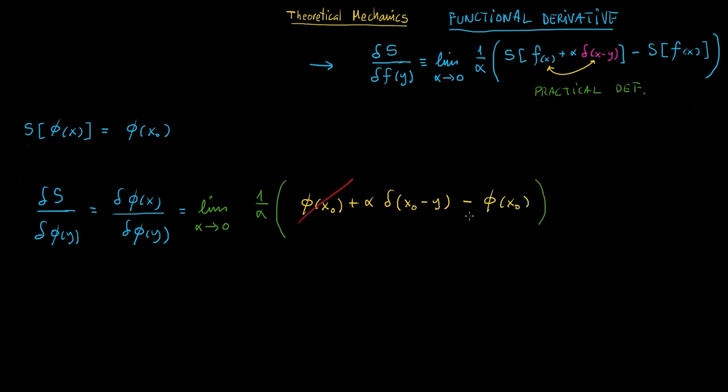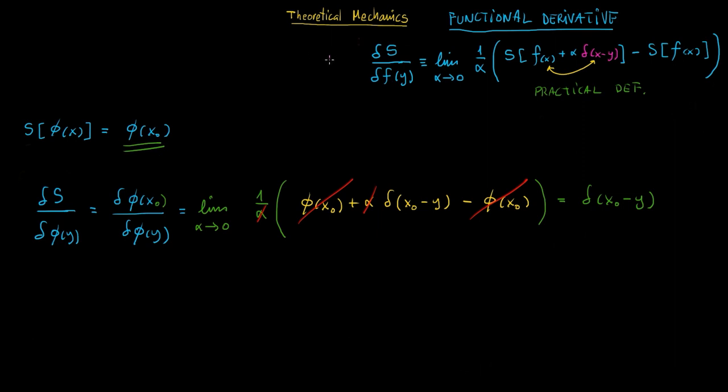This term cancels this term and this alpha with this alpha, and this gives you delta of x0 minus y. So I think I made a mistake, sorry. I should write 0 here because it's this, sorry.